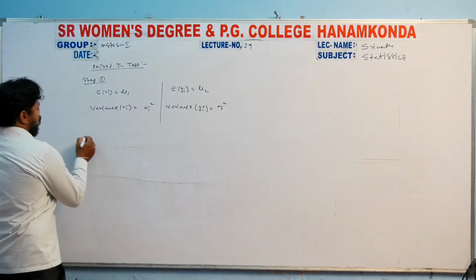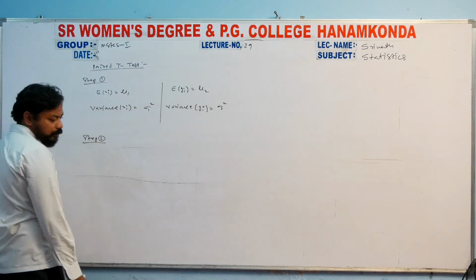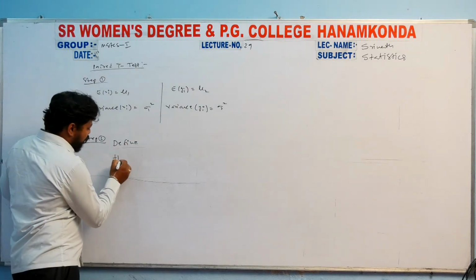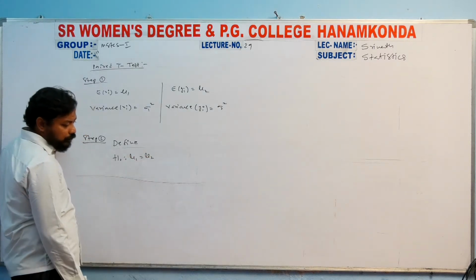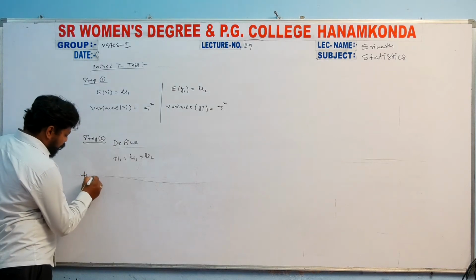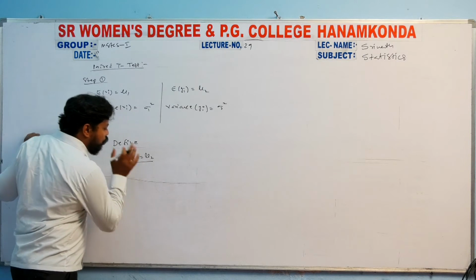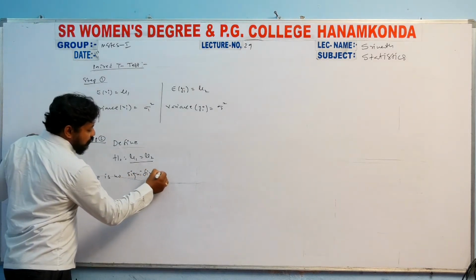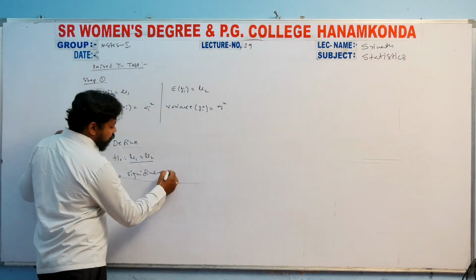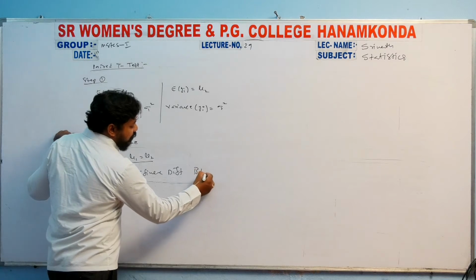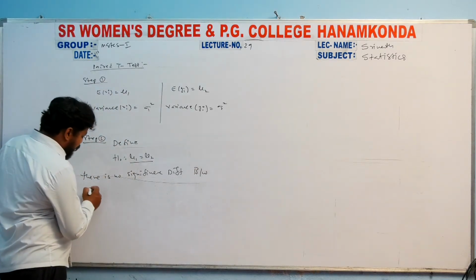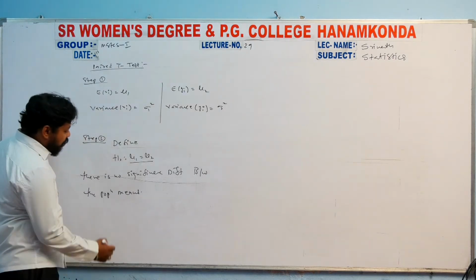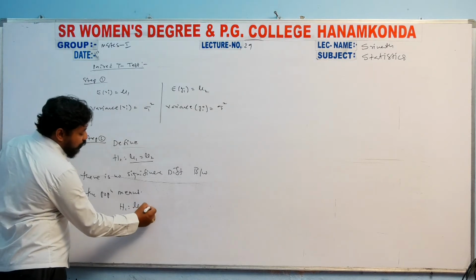Then step 2: define H naught: mu1 is equal to mu2. Generally, since mu1 is equal to mu2, there is no significant difference between the population means, and H1: mu1 not equal to mu2.